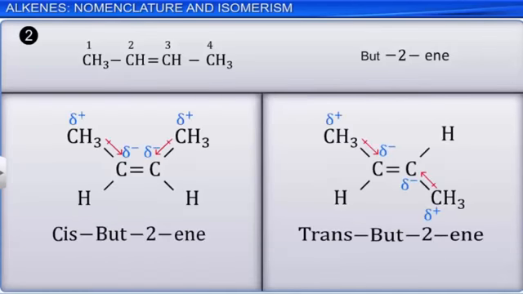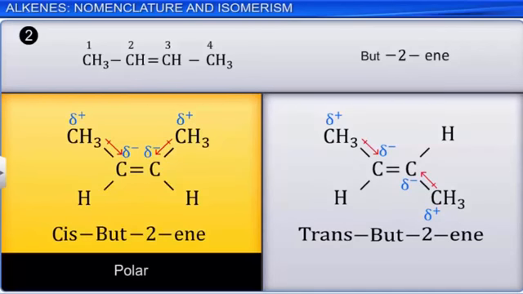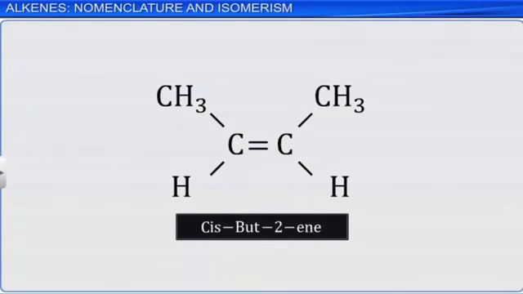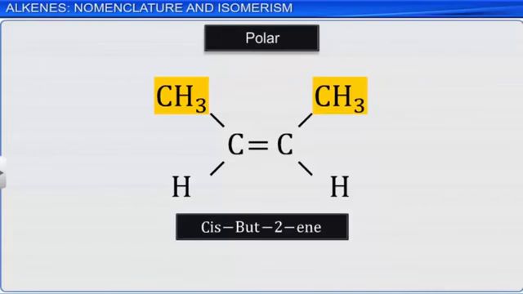For example, the cis but-2-ene molecule is polar, whereas the trans but-2-ene molecule is non-polar. This is because in a cis but-2-ene molecule, as the two CH3 groups are on the same side of the double bond, there is a greater CH3 bond dipole on one side, causing distinct positive and negative regions in the molecule, hence the molecule is polar.